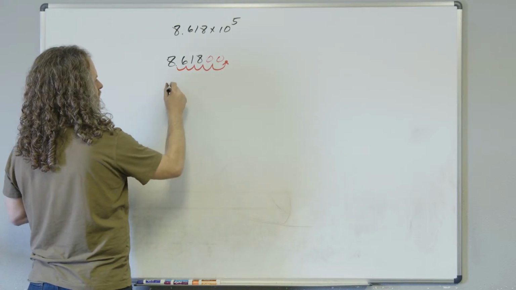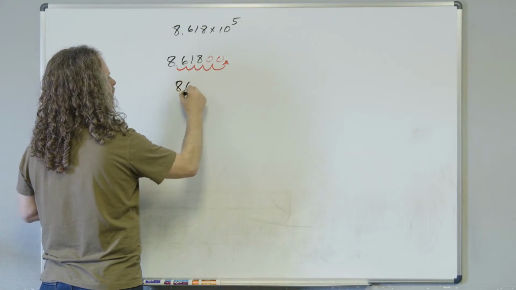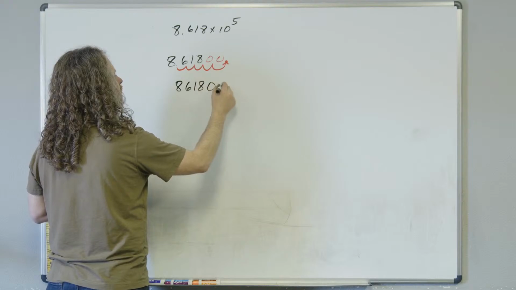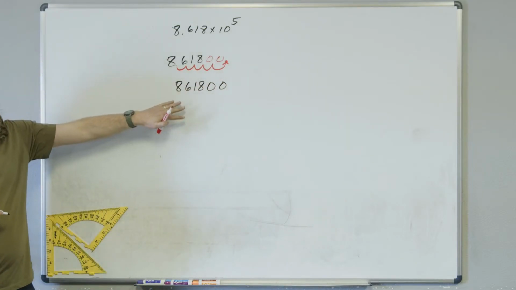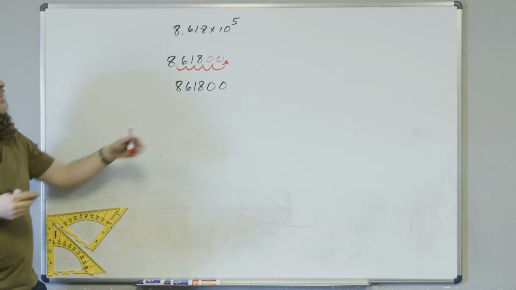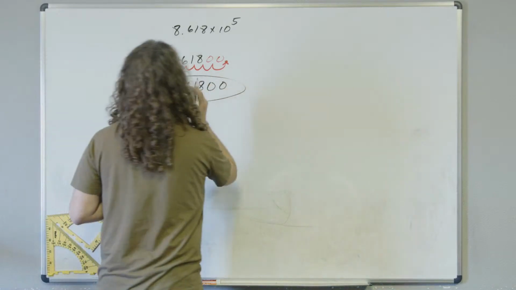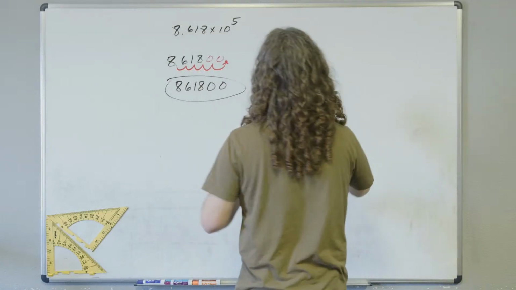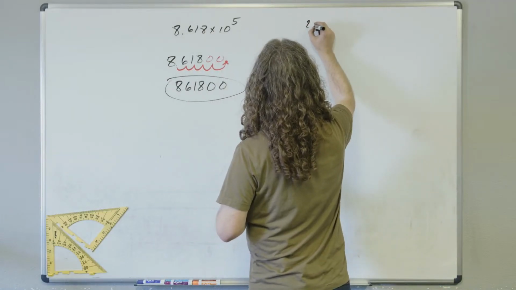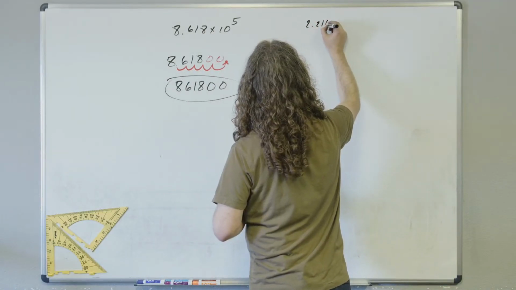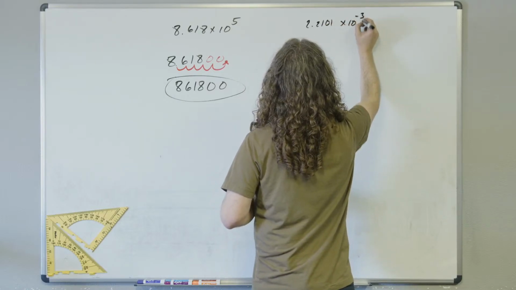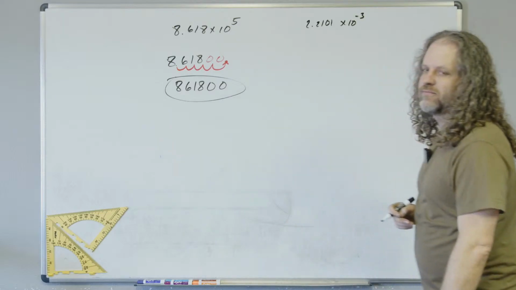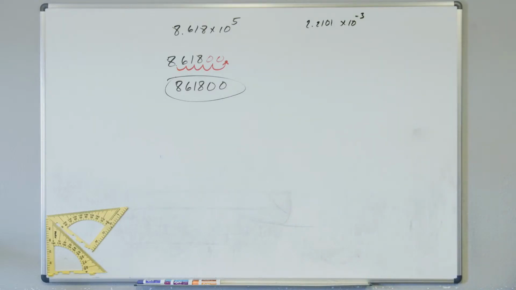Didn't we do this? So this number in standard form is 861,800. Okay. If I instructed you to write this number in standard form, what do you think you would do with that one?